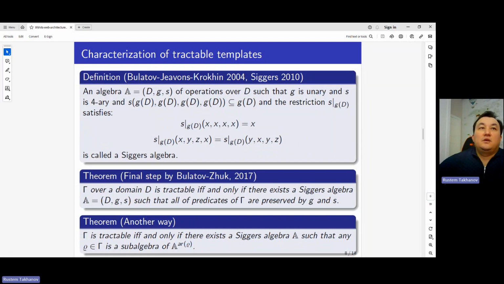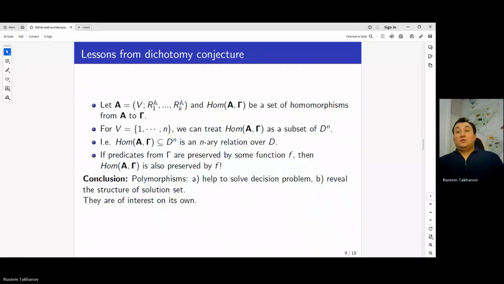So actually, the result of Bulatov and Zhuk was the following: if a constraint language gamma, a set of relations, or fixed template gamma has a certain kind of polymorphism, then gamma is tractable, or the corresponding CSP gamma is tractable. Otherwise, it is NP-hard. So what does this algebraic approach to CSP teach us? It teaches us that polymorphisms are a fundamental concept using which we can describe all tractable constraint languages, and not only that.